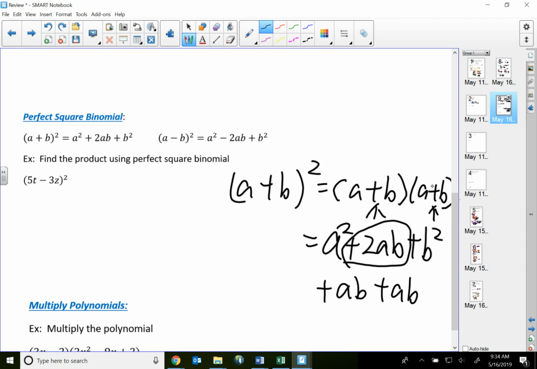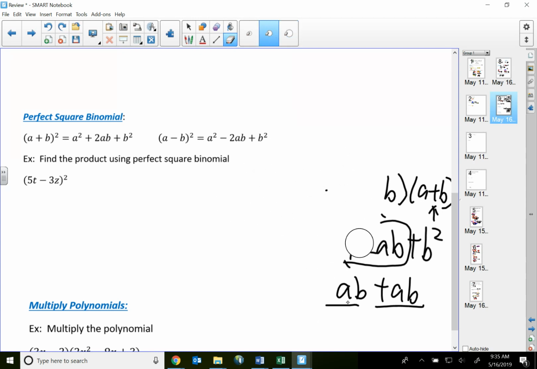Both are a times b, ab, and b times a is another positive ab. So you get two of the same middle terms. It's good to actually memorize the formula, so every time you see a perfect square binomial problem, you can simply write down the answer.